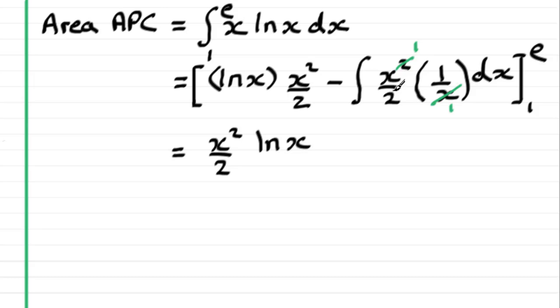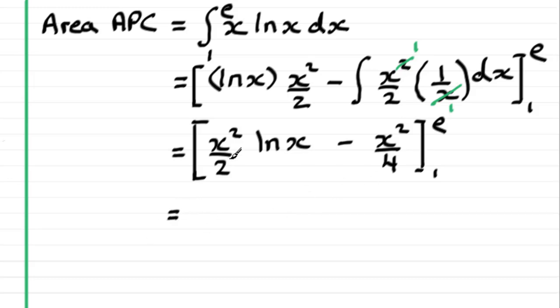And the integral of minus a half x is going to be minus a quarter x squared. So we get minus a quarter x squared. I'm going to write x squared over 4, okay, instead. And we've got our limits that we've got to put in as well, going from 1 to e. Just need to make our substitution now.